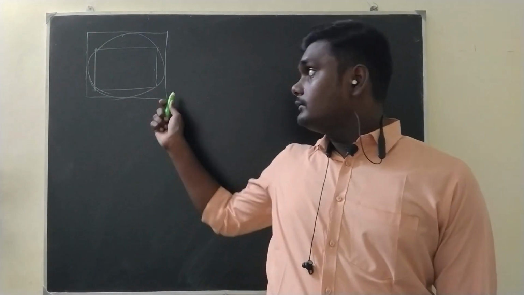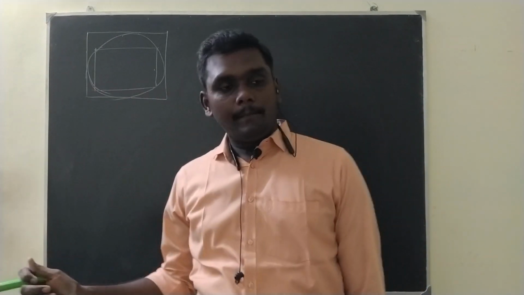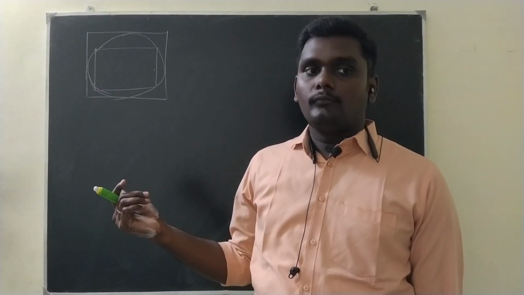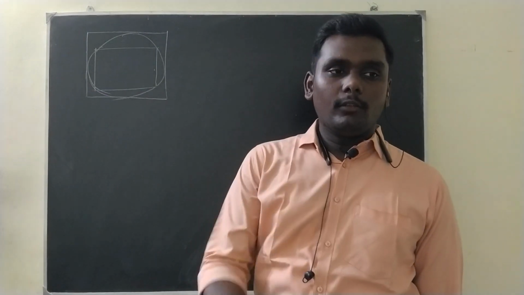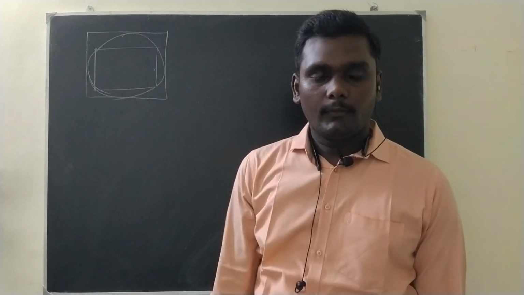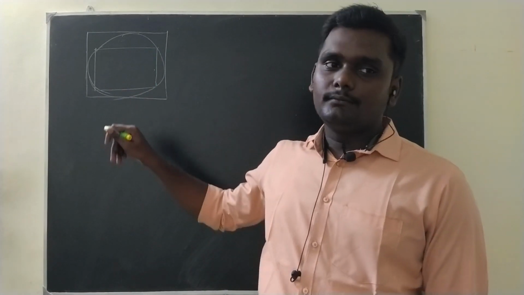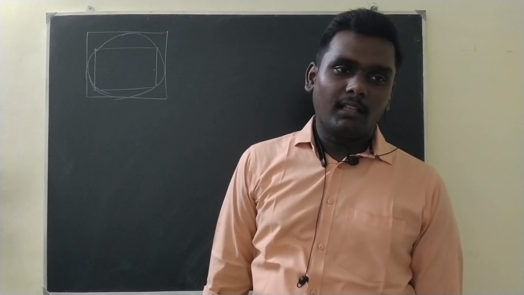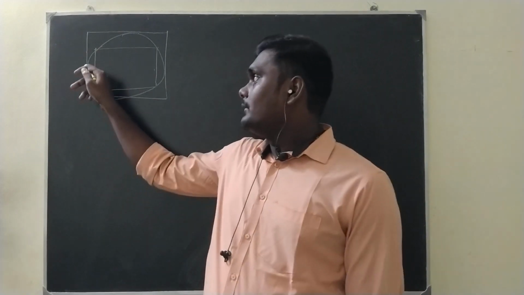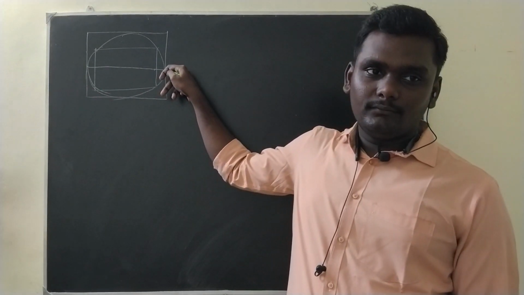Why is it the first one? How will you relate this to the circle? Because we are talking about circles here. See, when you connect both edges, that is nothing but the diameter of the circle.